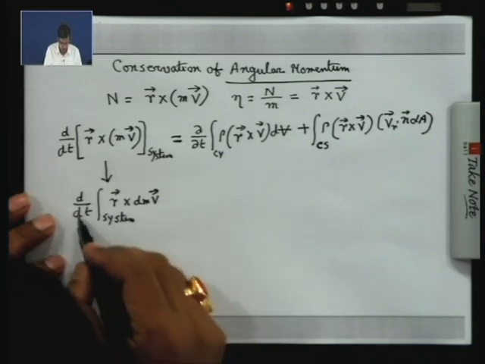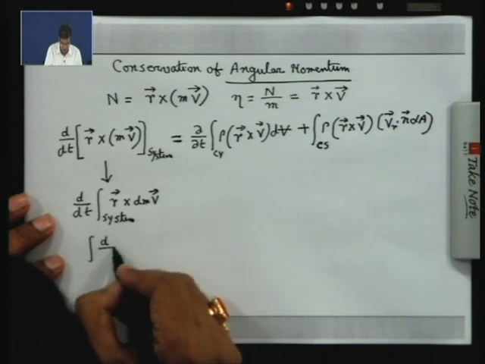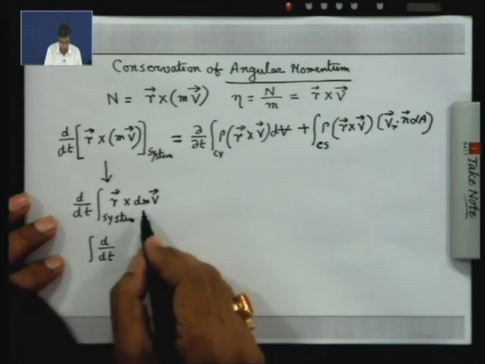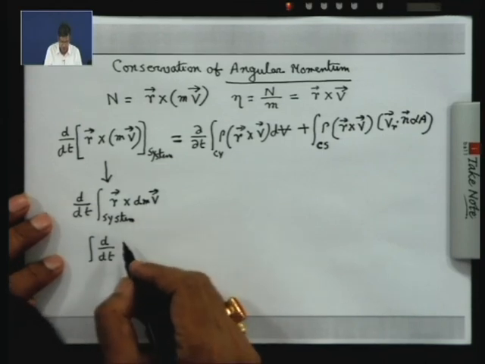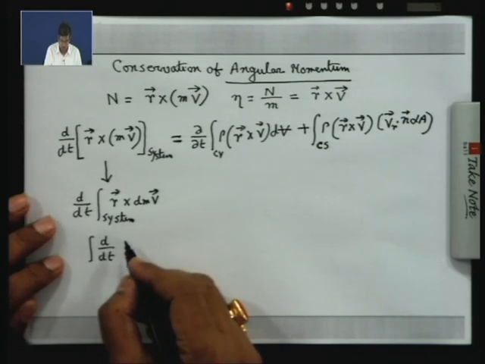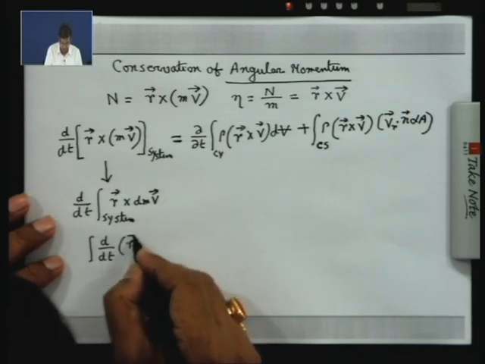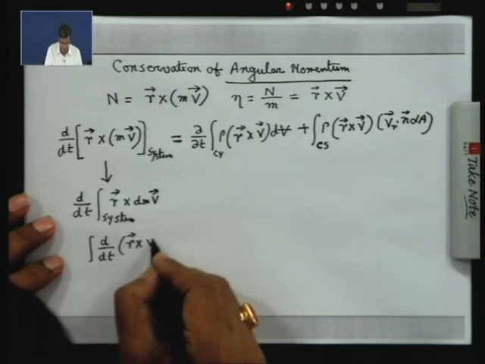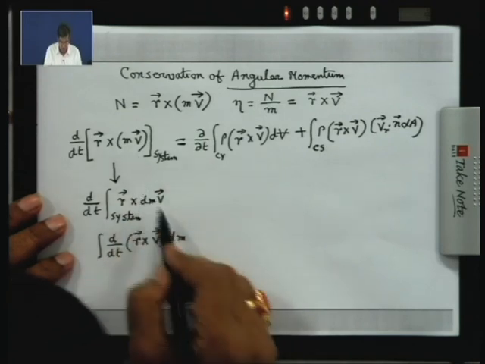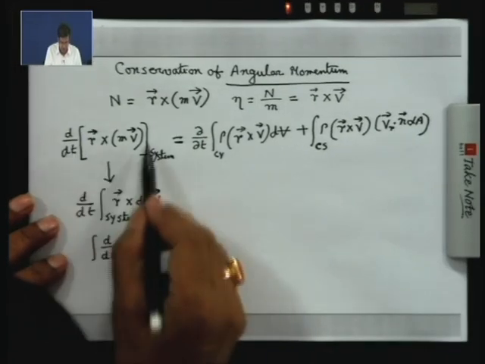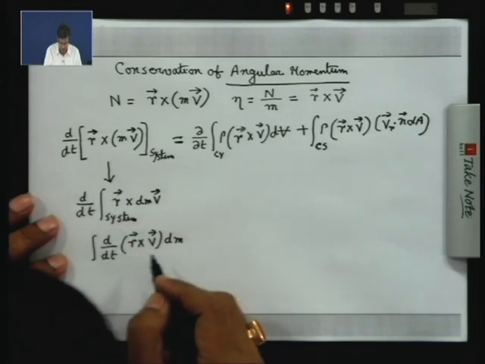Now if we take d dt inside for the continuous variable, dm, any elemental mass, is invariant with time by the definition of the system, that is a control mass system. It is very simple, slowly we will go. So this can be written by integrating like this.